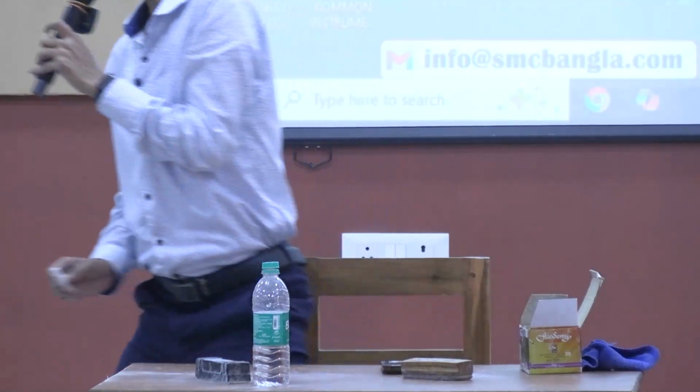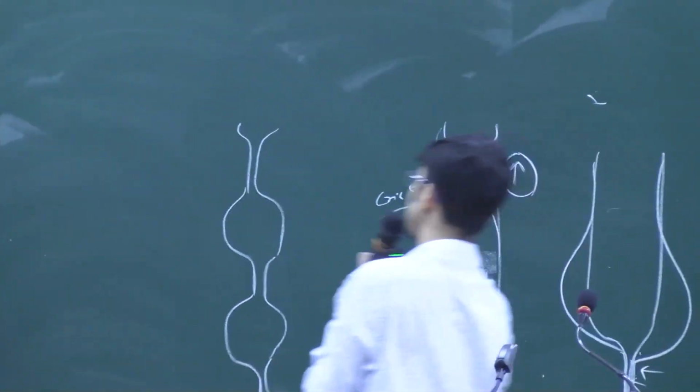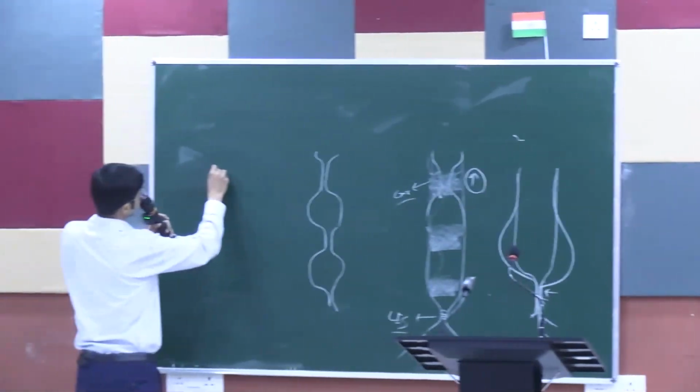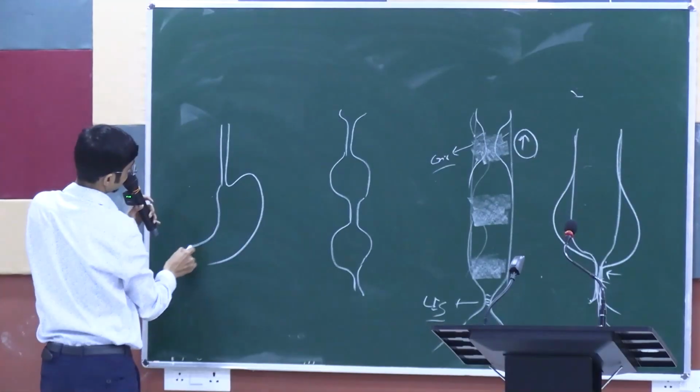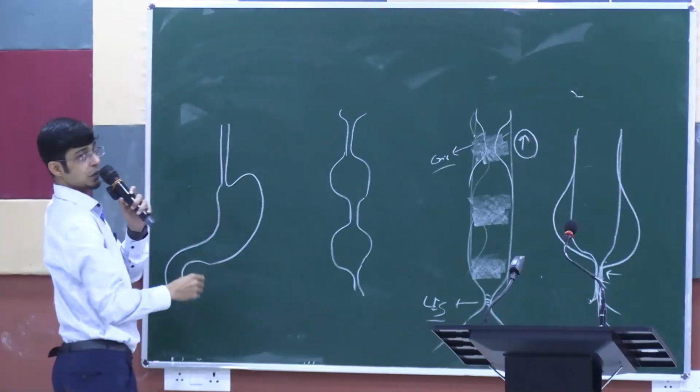So, there is some issue with the esophageal opening of the diaphragm. It can be either the entire thing going up or a part of it. Like, see, this is the stomach.